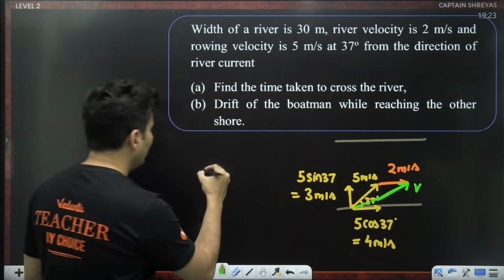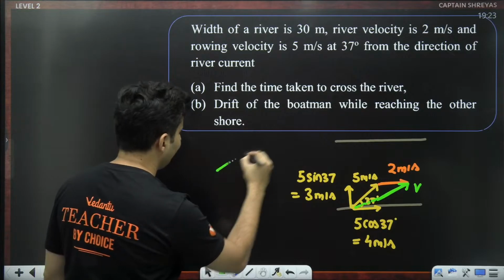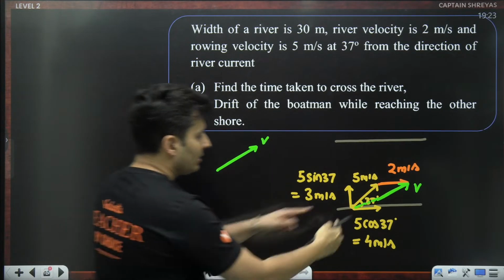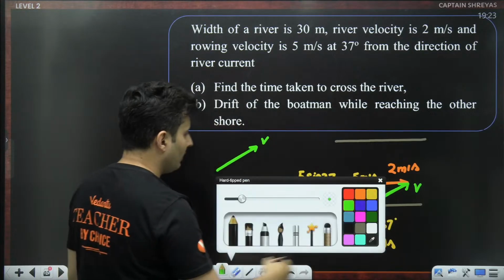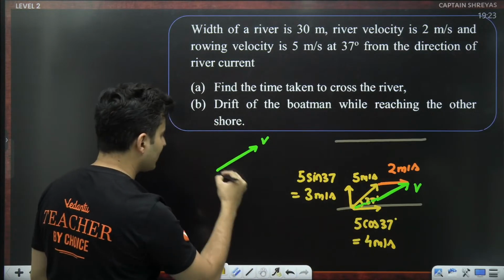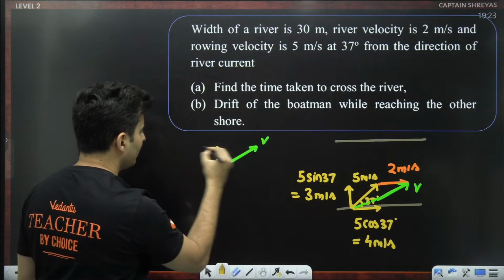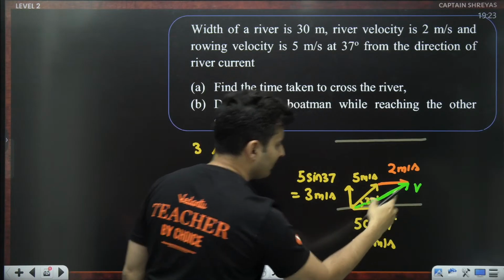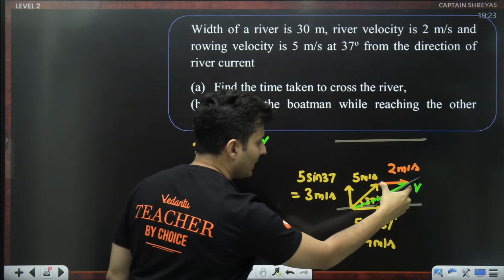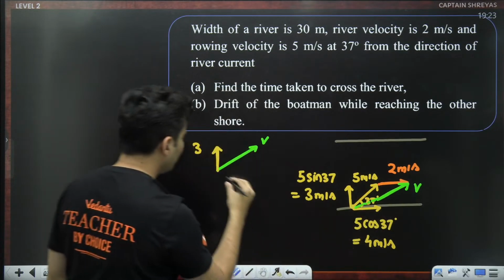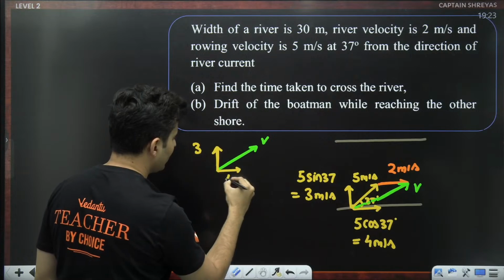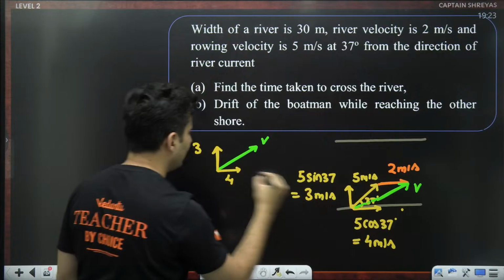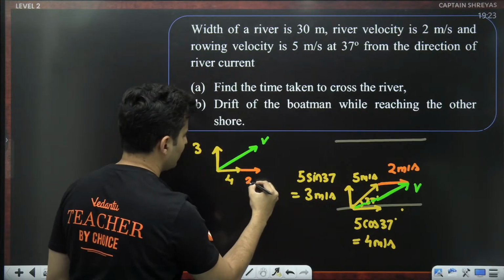Now, if you look at the resultant velocity, the vertical height of the resultant velocity is simple. It is still going to be 3 only. But the horizontal part of that green line will be this plus this much being 4, and the remaining part being just 2.